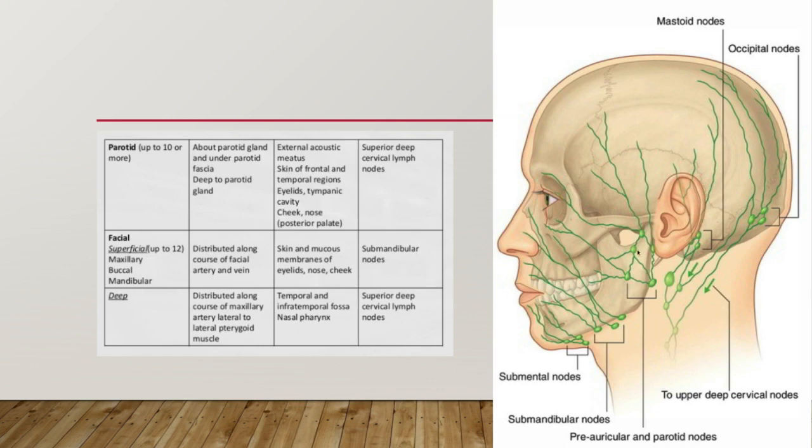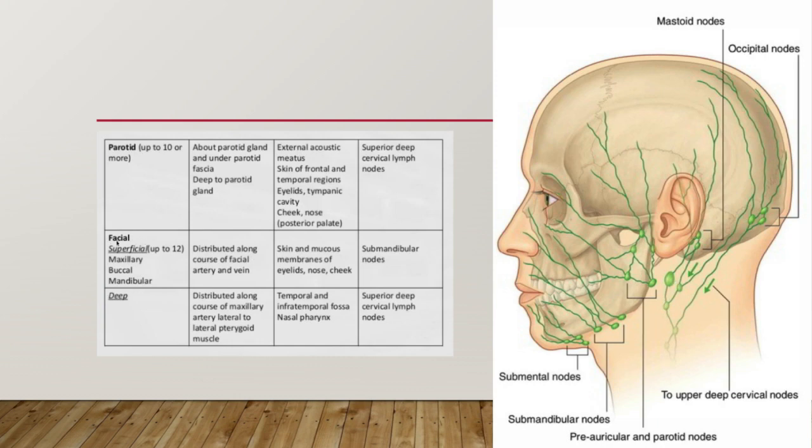This region drains the external acoustic meatus, the frontal and temporal regions of the scalp, as well as the zygomatic region, the cheek and the nose. From here, the parotid group of lymph nodes drains the same way as the preauricular lymph nodes into the superior deep cervical lymph nodes.